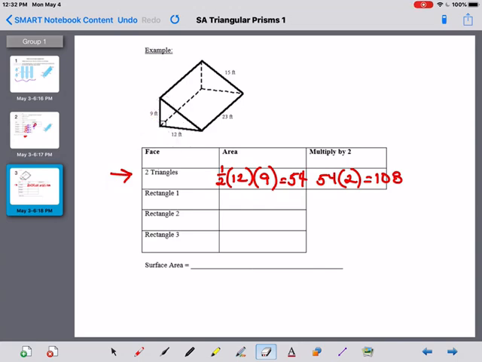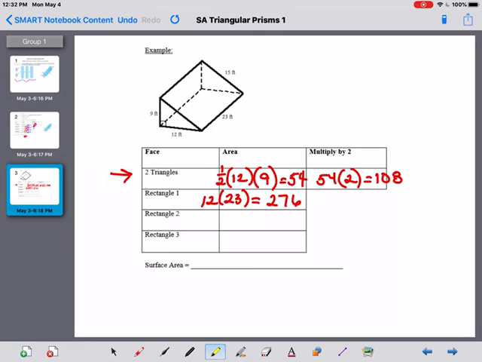Okay, let's take a look at our rectangles. I'm going to use a highlighter just to point out which rectangle I'm looking at. If we take a look at the bottom here, I can see for that rectangle, I have a length of 12 and a width of 23, which is going to give me an area of 276.